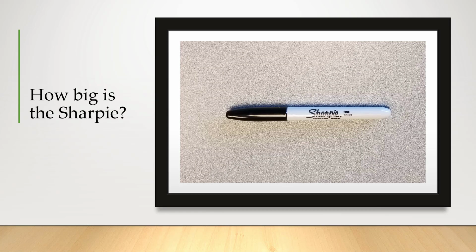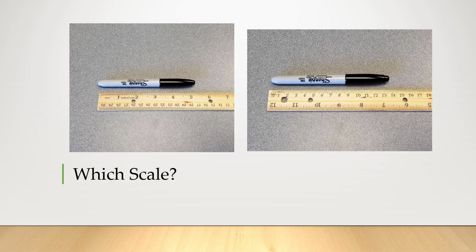So let's take a look at this here. This is a Sharpie. How big do you think it is? Well, let's go ahead and take a measurement of it. As you can see, there's 2 different scales here. On the imperial scale, you'll see that it's 5 1/4 inches, and on the standard metric, you'll see it's roughly 13 1/2, 14 centimeters.